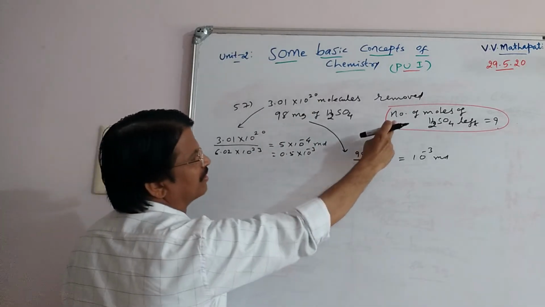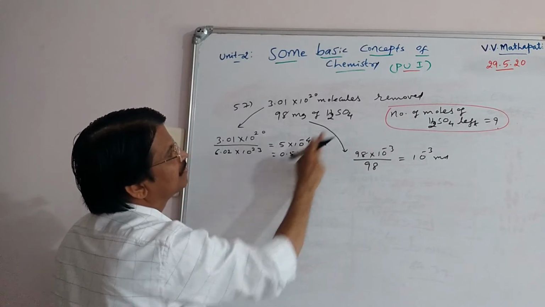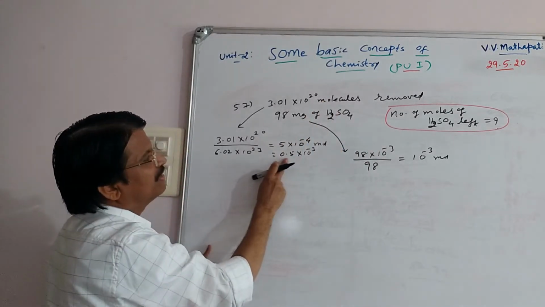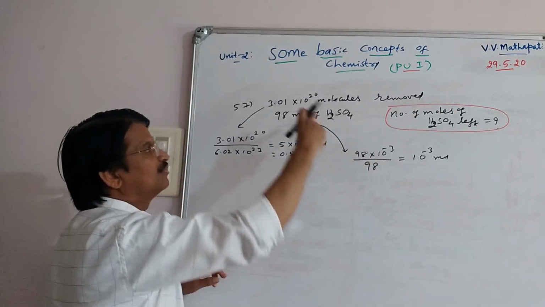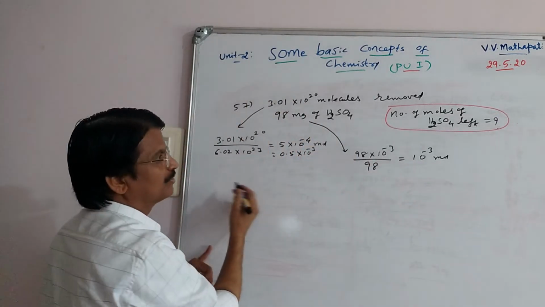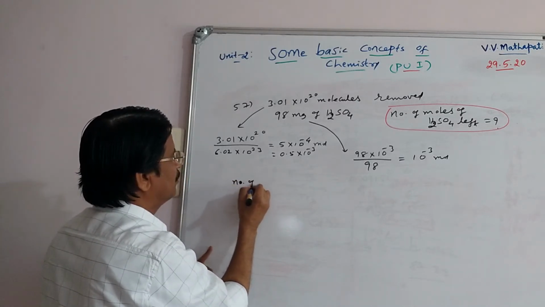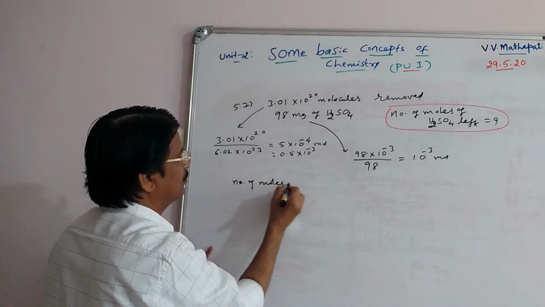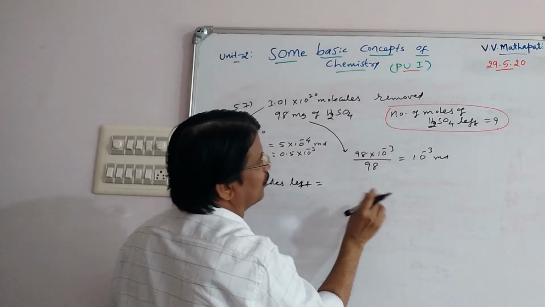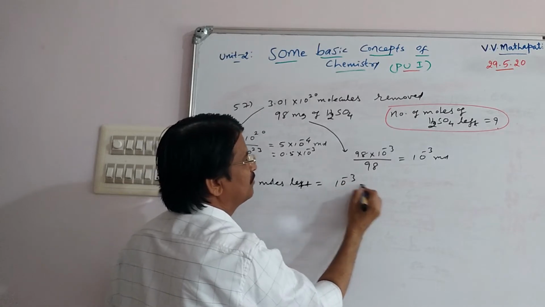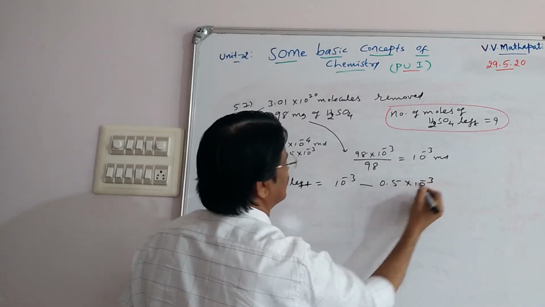And now we can remove 0.5 into 10 to the minus 3 mole from 10 raised to minus 3 mole of sulfuric acid. Therefore, the number of moles left equals higher mole 10 raised to minus 3 minus lower mole 0.5 into 10 to the power minus 3.